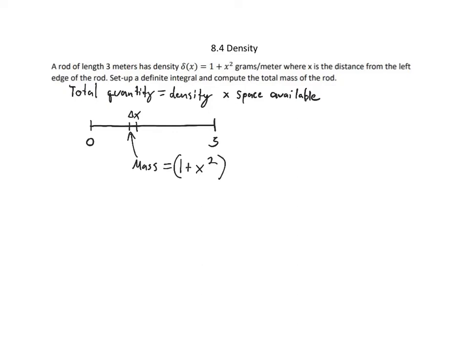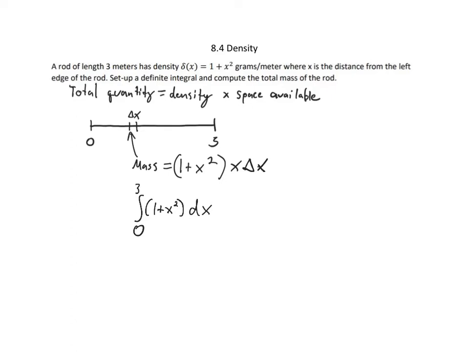So that's our density times the space available. Well, the space available is just how wide that strip is, delta x. So essentially, we're just going to do a definite integral from 0 to 3 of 1 plus x squared dx.